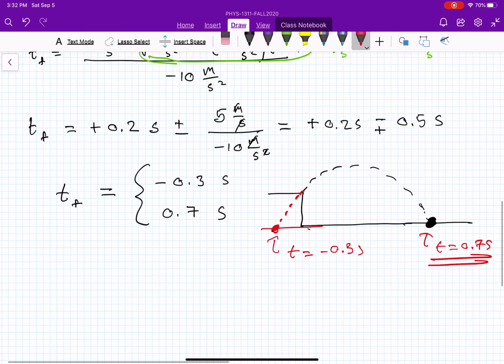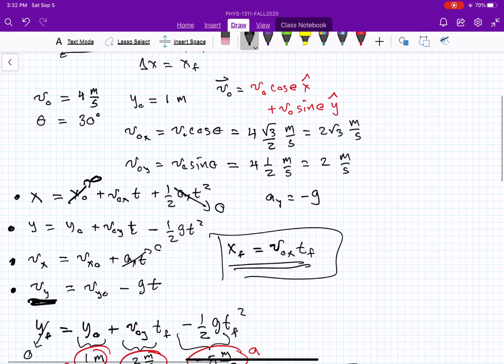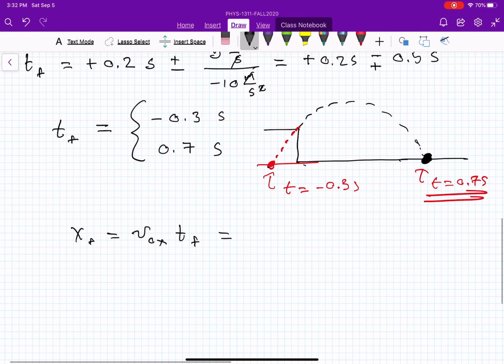So now I'm ready to plug this back in, right? So now I have x final equal to v0x times t sub f. And v0x was what was it? It was 2 root 3 meters per second. So 2 root 3 meters per second times t sub f, 0.7 seconds.